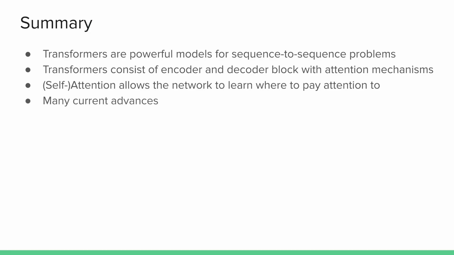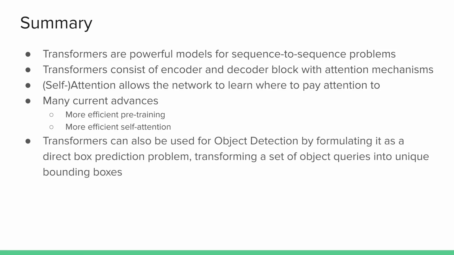There are many current advances, as you've seen, like how to improve pre-training, how we can do transfer learning, and how we can compute this self-attention mechanism in a more efficient way, ideally with a linear time and space complexity algorithm. They can also be used for object detection, which we discussed in the end, by formulating it as a direct box prediction problem and transforming a set of object queries.